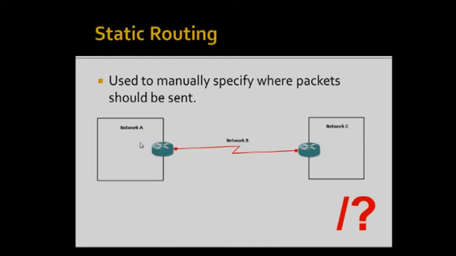But it has no idea that network C is out here, because it is not directly connected to it. That network is actually directly connected to this router over here, which we'll call router 2. And actually the problem occurs in reverse. Network C and network B are directly connected to this router, and as a result, this router has no idea that this network over here even exists.